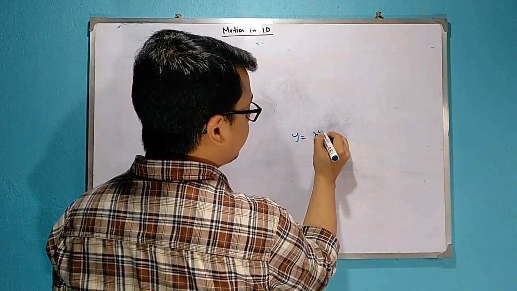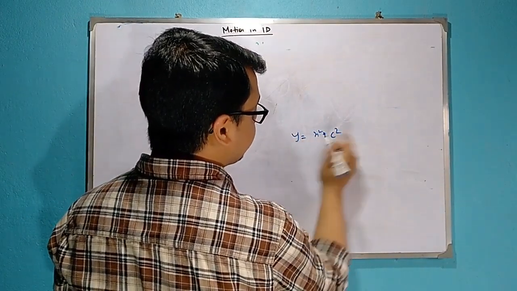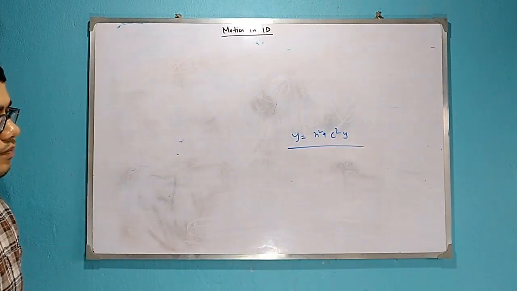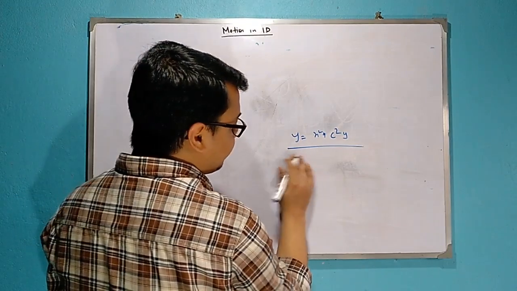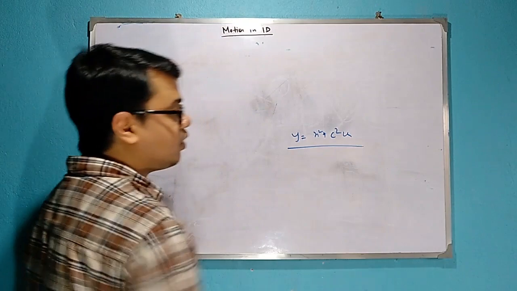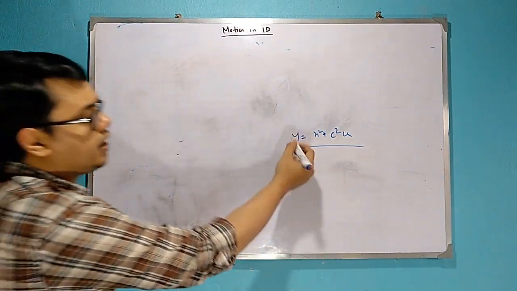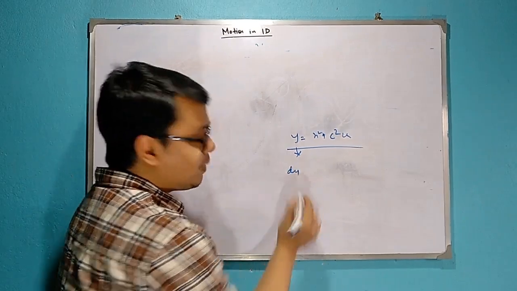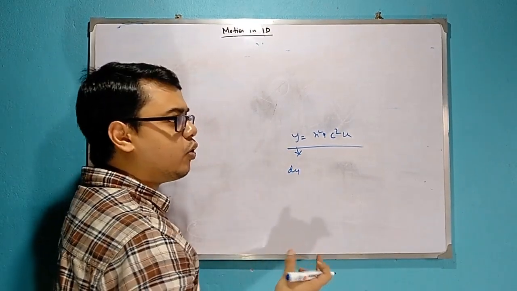If you are given a normal equation, y is equal to x square plus c square u. Suppose you have to differentiate this y according to u. That means for a small change of u, what is the change in y?